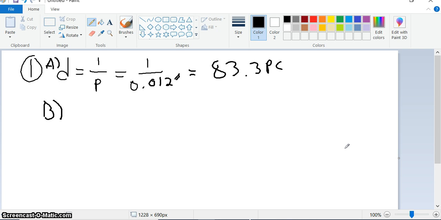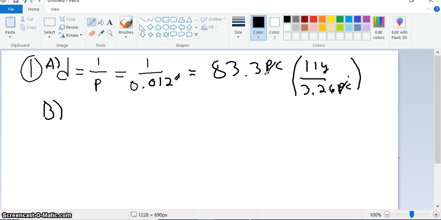It doesn't ask us to do that, but I just want to remind you guys you can do this. If we wanted to convert this from parsecs to light years, we know that in one light year there is 3.26 parsecs. And so you take that and you divide it, and that would give you the number of light years.